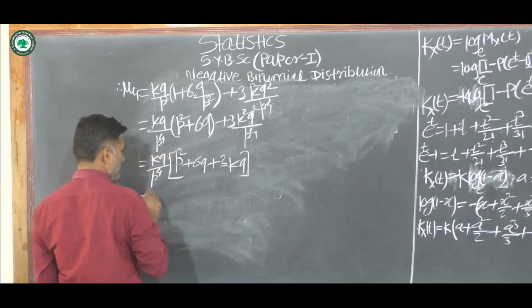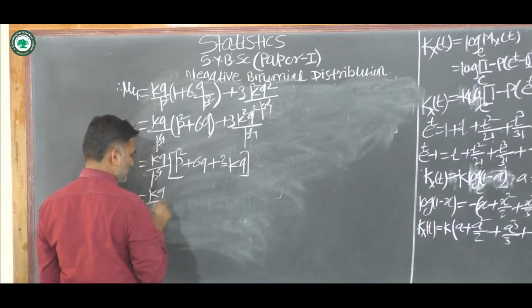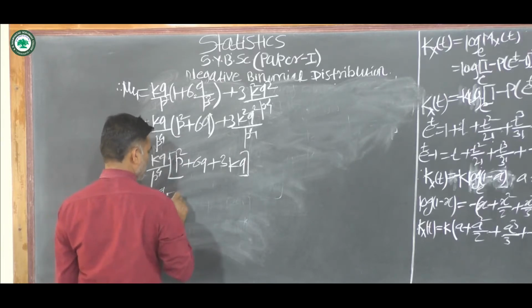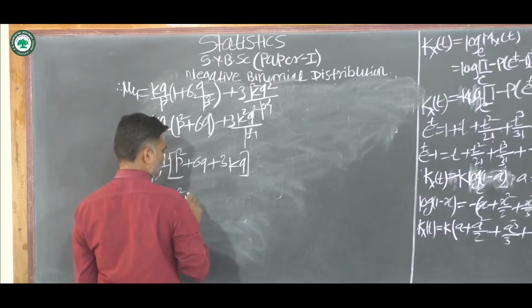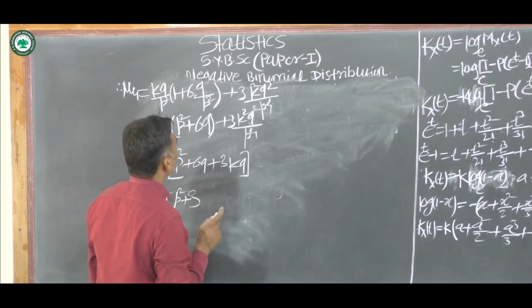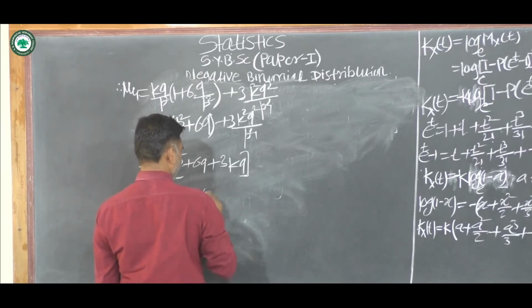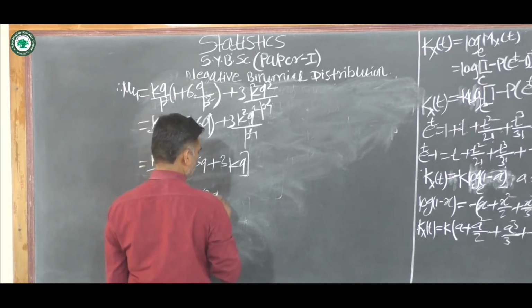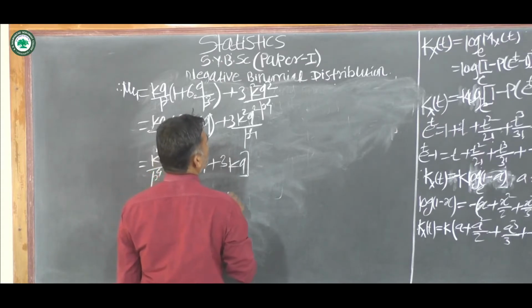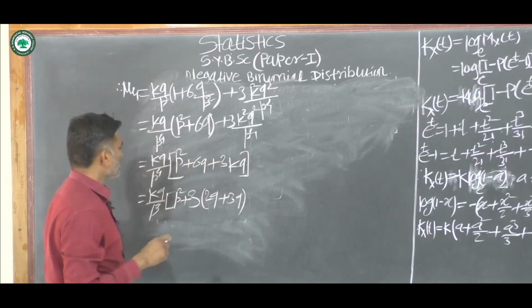Again which is equal to k into q upon p raised to 4 into bracket p square plus 3 into q, or here is 3 into bracket 2q plus 3q.